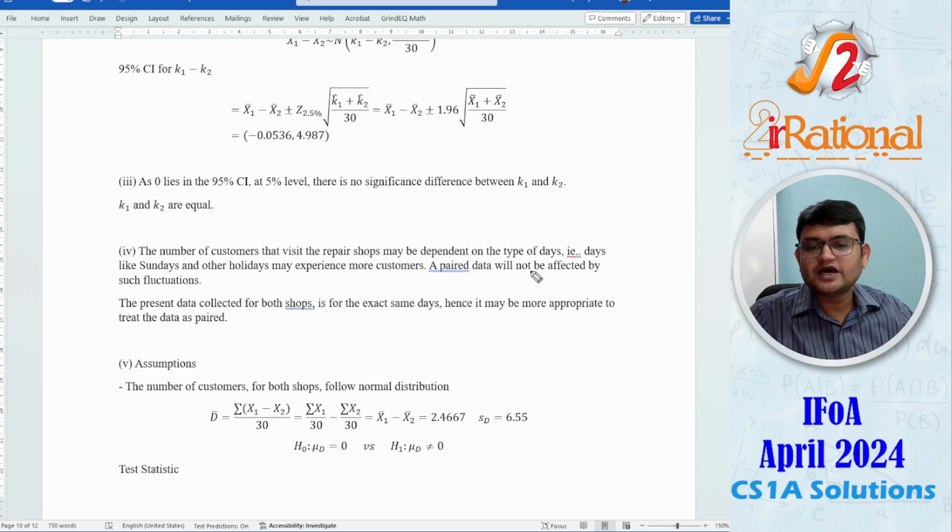A paired data will not be affected by such fluctuations. The present data collected for both shops is for the exact same days, hence it may be more appropriate to treat the data as paired.